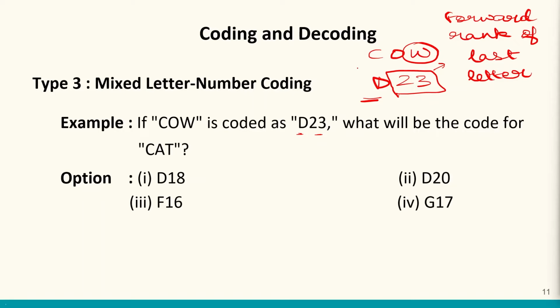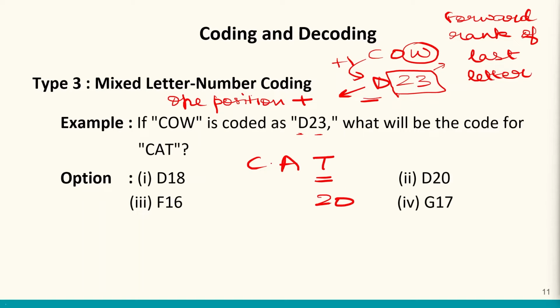And this letter, I can say, is one position forward from C, the first letter, right? So similarly, if for cat we have to find out, for the last letter T, the forward rank is 20. You can remember this with the help of a shortcut I told you, JOT.